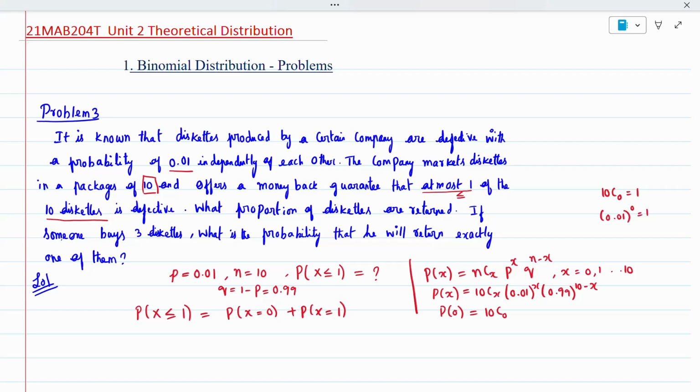So here I will be getting 0.99 the whole power 10. Calculating in a calculator, 0.99 the whole power 10, I will be getting 0.904.